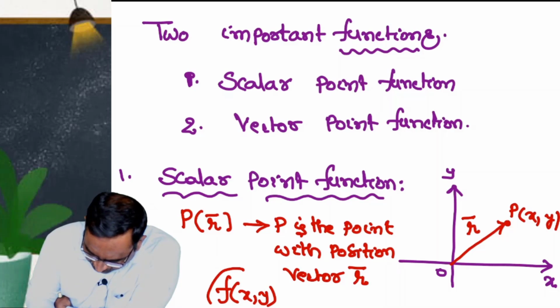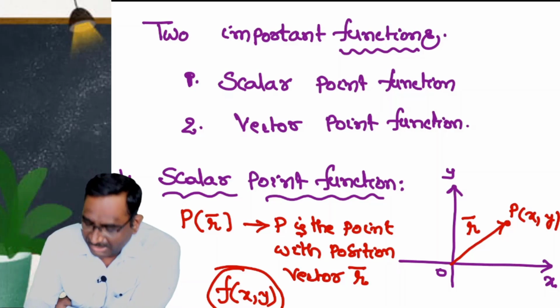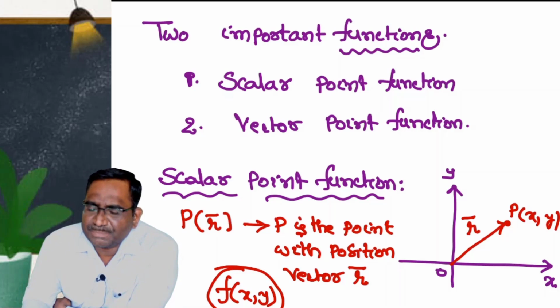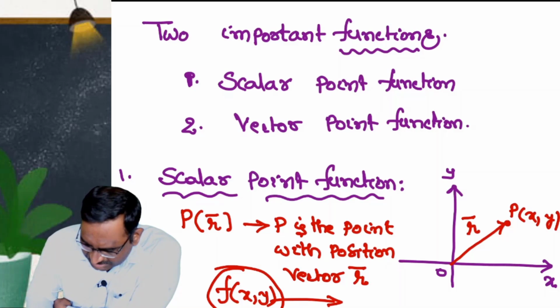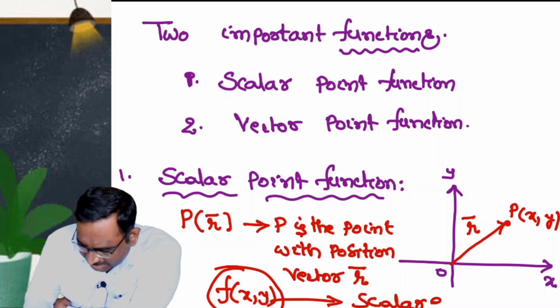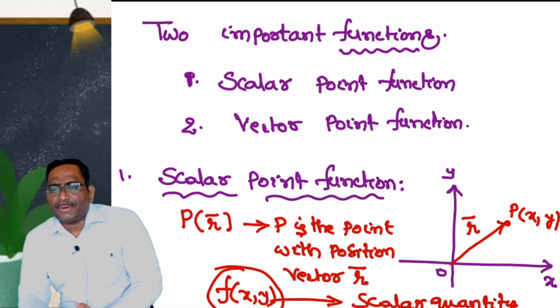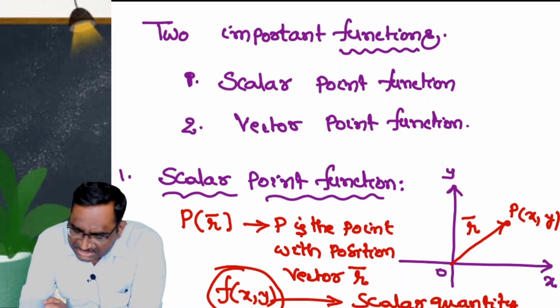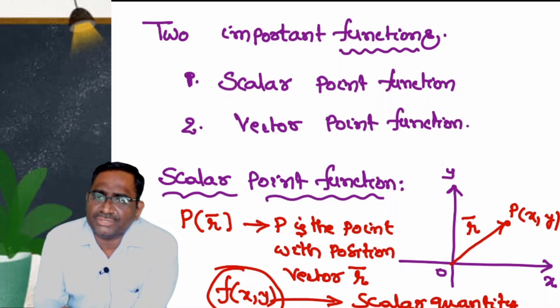So for this function f of x comma y, because I am dealing in a two-dimensional plane, for any point in this plane, this function always gives a scalar quantity. For every point in this coordinate plane, this function gives us a scalar value.